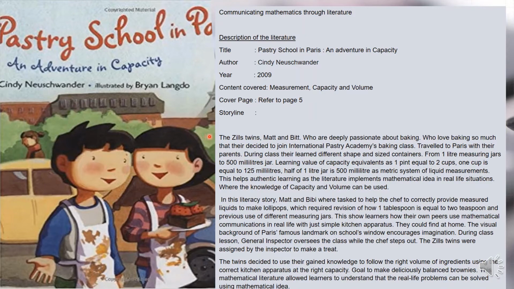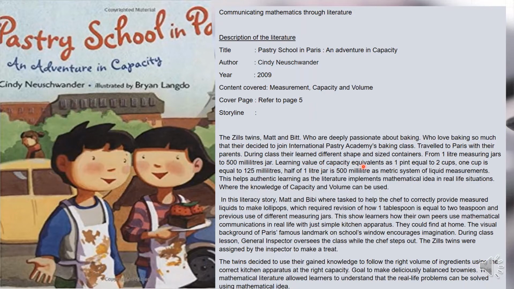And here's the storyline. The zealous twins, Matt and Pitt, were deeply passionate about baking, and loved baking so much that they decided to join the International Pastry Academy of Baking, and they traveled to Paris with their parents. During class, they learned about different shapes and sizes of containers and the basics, from 1 liter measuring jars to 500 milliliter jars.